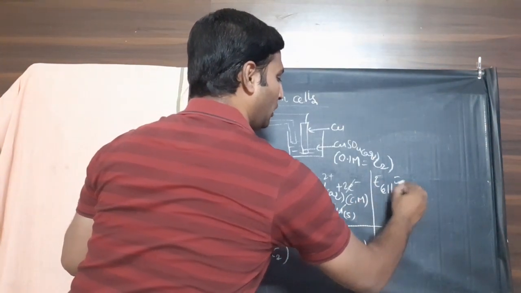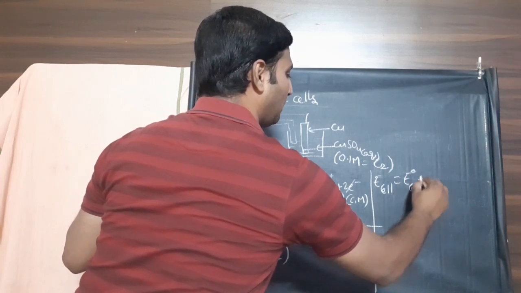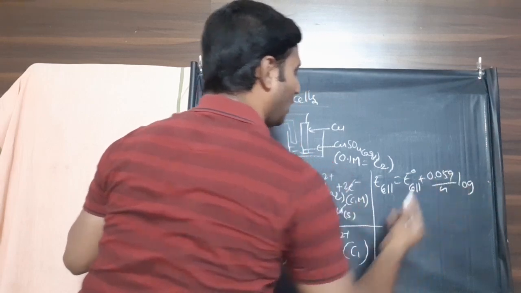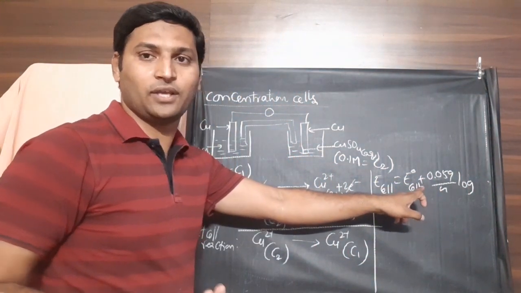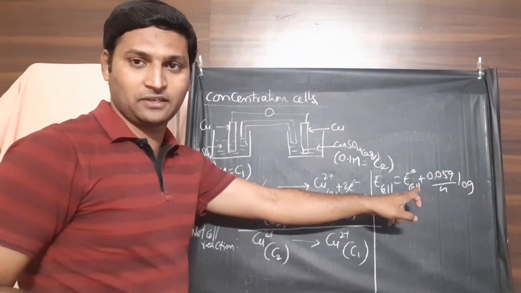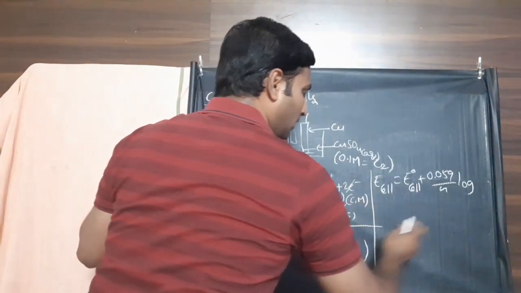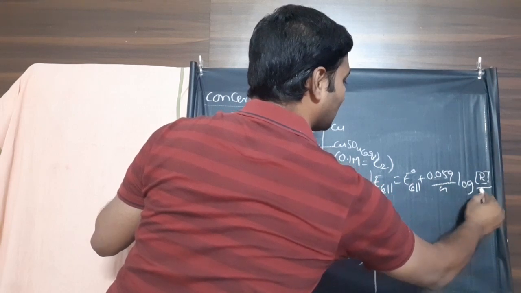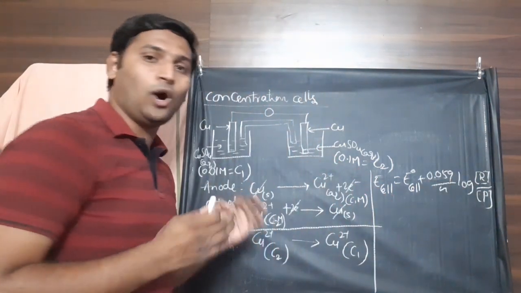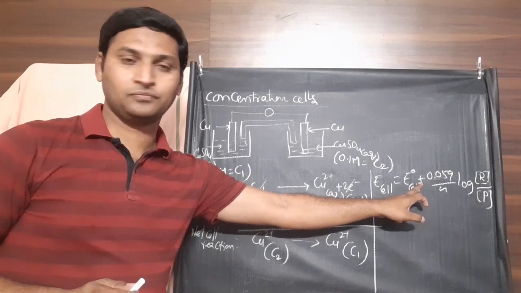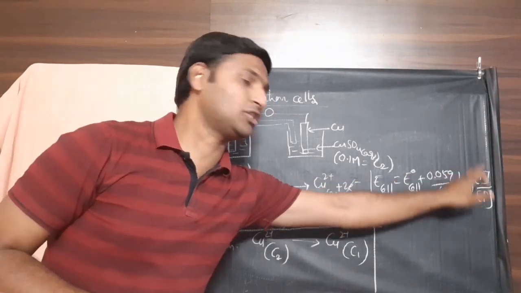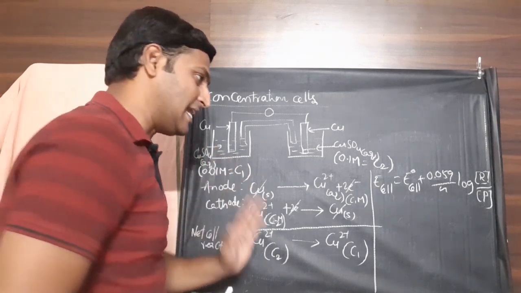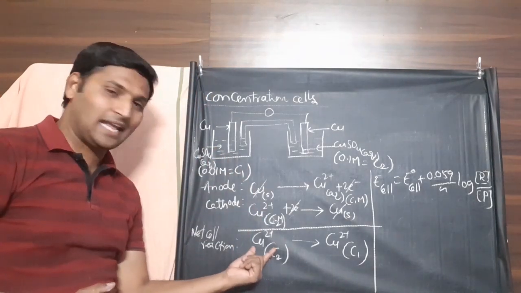E cell is equal to E naught cell plus 0.059 by n log of. I am taking plus here, you could even take minus. I have told you the difference. Log of concentration of reactants divided by concentration of products is what we have understood if there is plus. If you take minus here, it becomes concentration of products divided by concentration of reactants. Right? Now, observe the net cell reaction you got here.